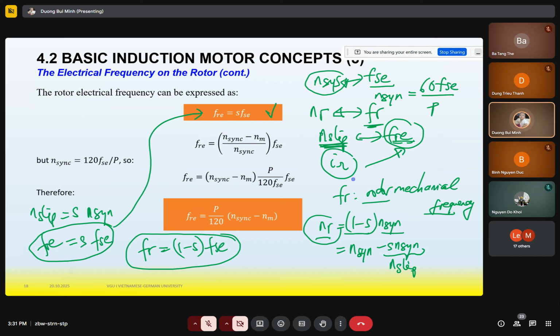When we calculate rotor mechanical frequency, FR is (1 minus S) times FSE. We have some more formulas here, but they are easy to understand. So the key point is here. Now we make the summary.